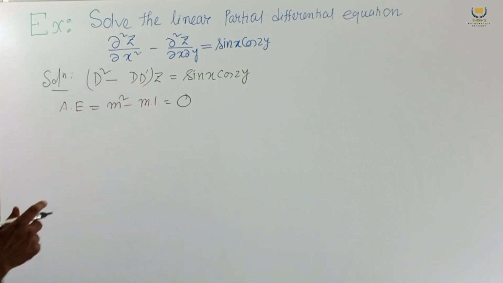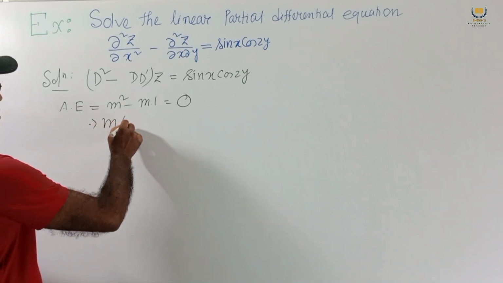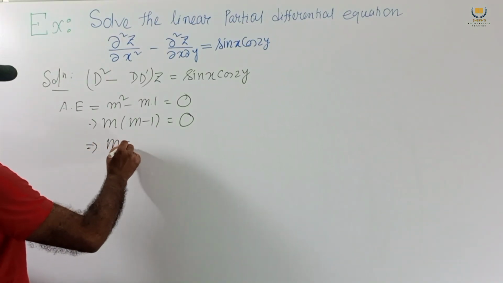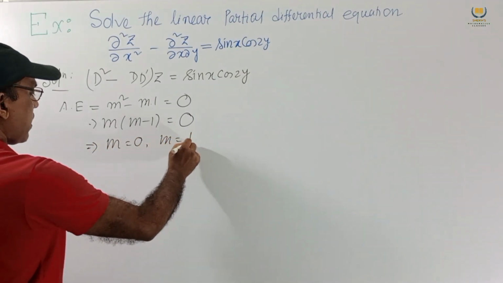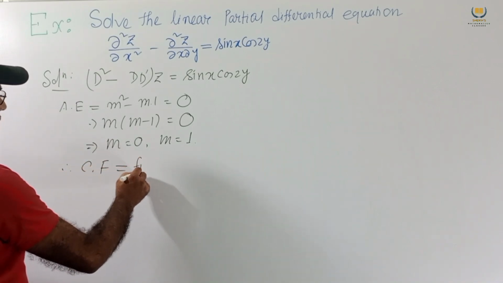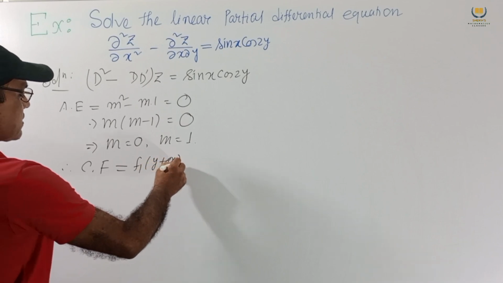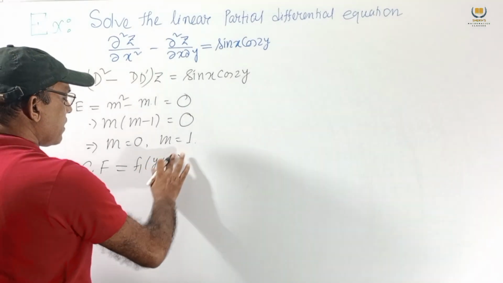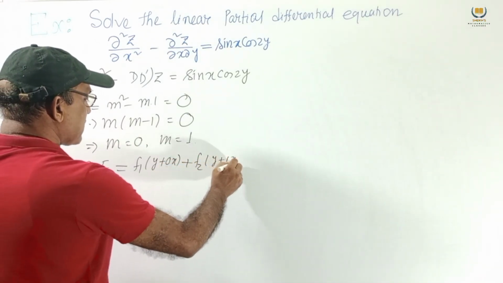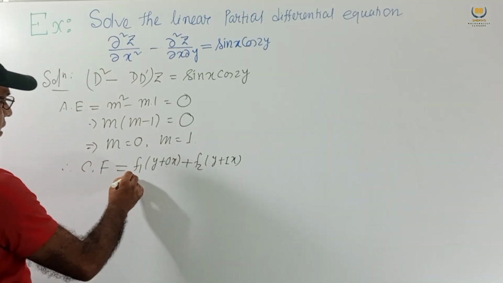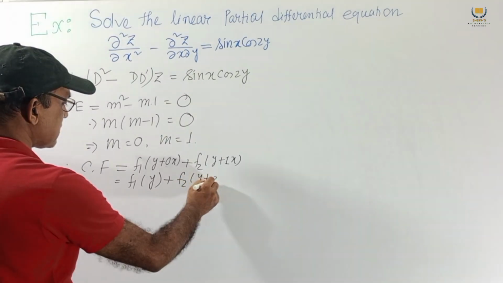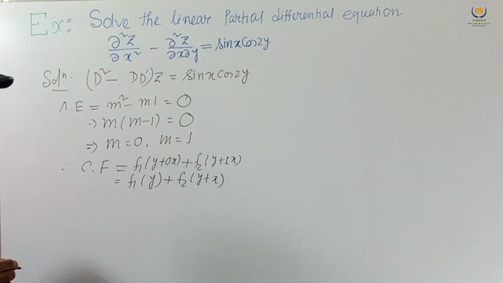So m(m-1) = 0, which gives m = 0 and m = 1. Therefore, the complementary function is f1(y+0x) + f2(y+1x), or f1(y) + f2(y+x).